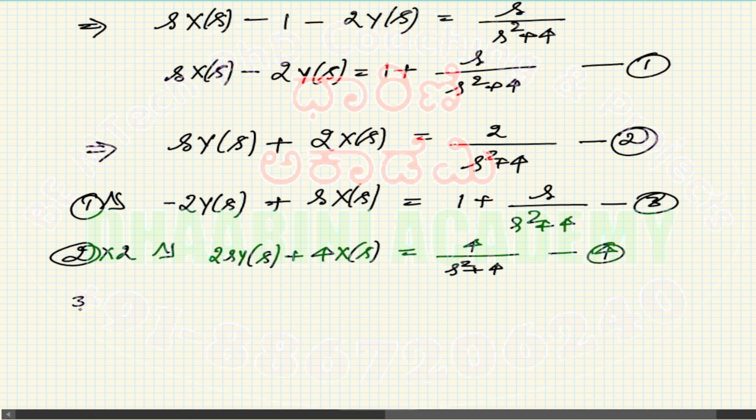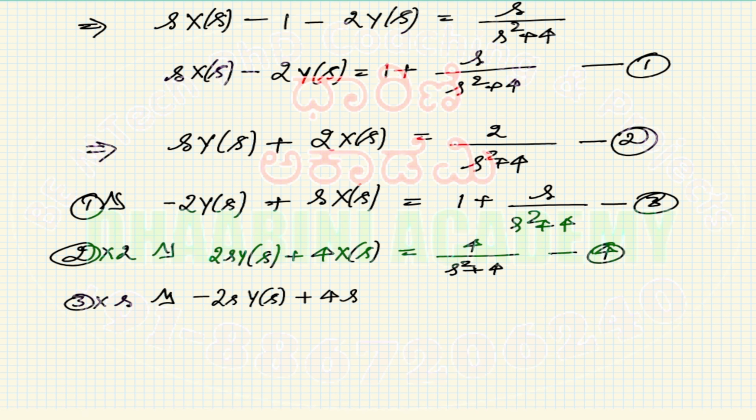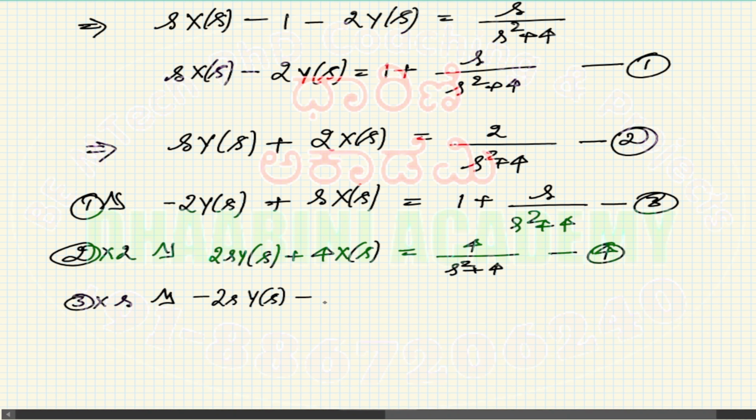The third equation I need to multiply by s, right? So this is minus 2s into Y of s plus s square X of s, my mistake, equals s plus s square over s square plus 4.